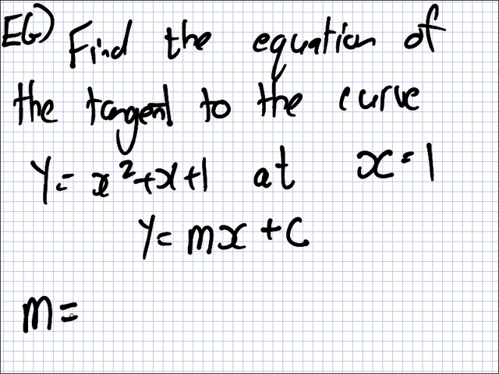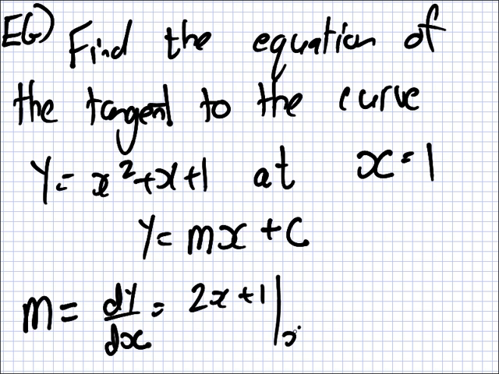Yeah. Derivative. Because tangent is a tangent line, so it's a line. Yeah. What is it? 2x plus 1, and x is equal to 1, isn't it? So this is 3.